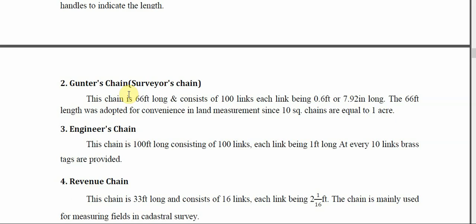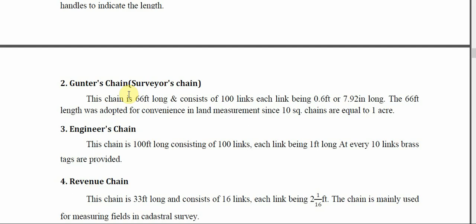Why the chain length is 66 feet? Because using this chain, let's say if you are measuring a rectangular plot and length of that plot is 10 chains and width of that plot is 1 chain, then area is 10 into 1, 10 square chains. Then if you are measuring a land using Gunter's chain, and if the area of that land is 10 square chains, then that area is equal to 1 acre.